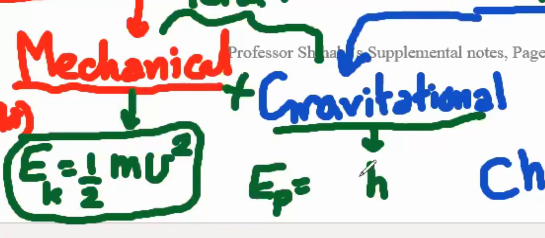If you raise an object 10 feet above the ground and release it, it will be able to do work when it hits the ground. But if you raise it 30 feet or 40 feet, it will be able to do more work, right? So the height, how far you elevated, will have a strong effect on the gravitational potential energy.